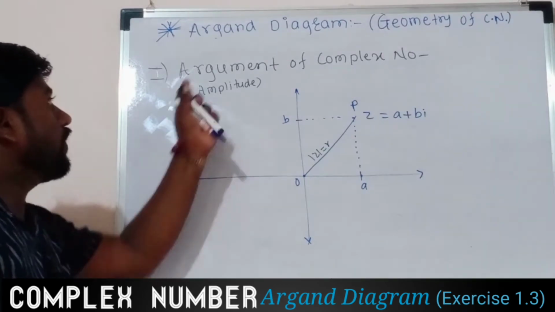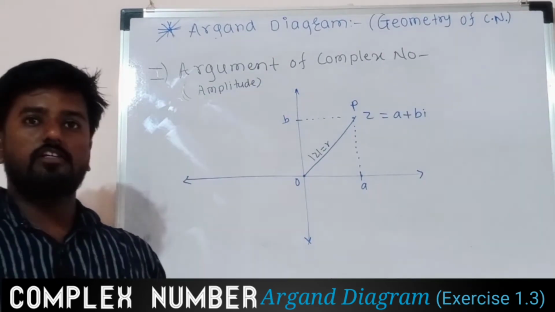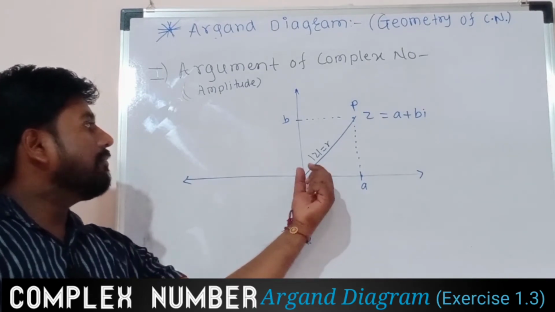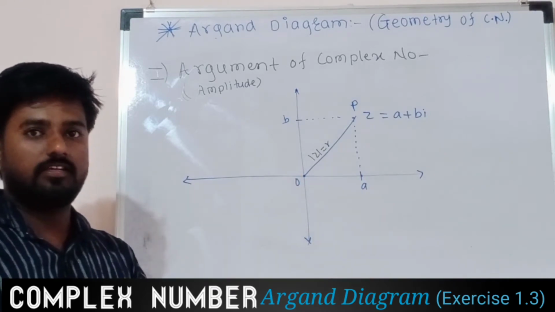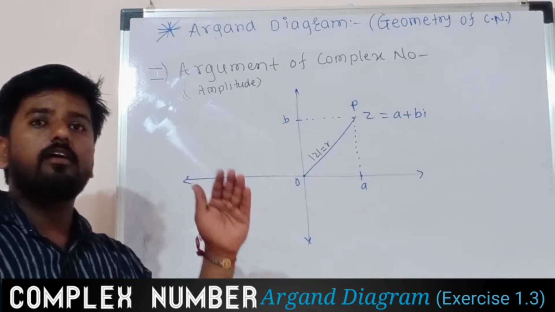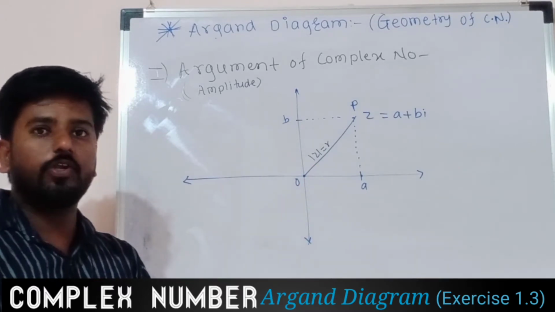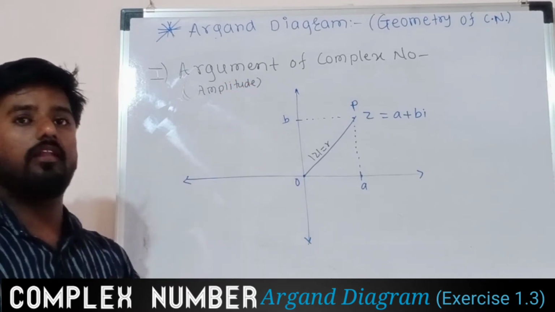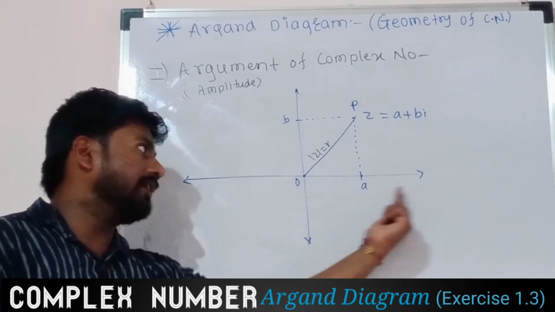Now students, what is the argument of a complex number? Simply, I will tell you the definition. The definition is the angle made by the modulus with the positive x-axis. The angle made by the modulus with the positive x-axis is called the argument.